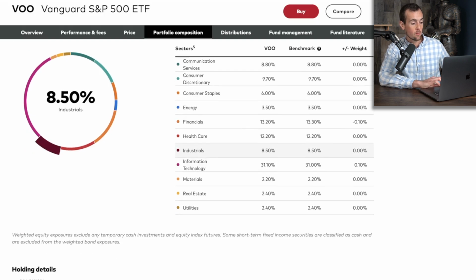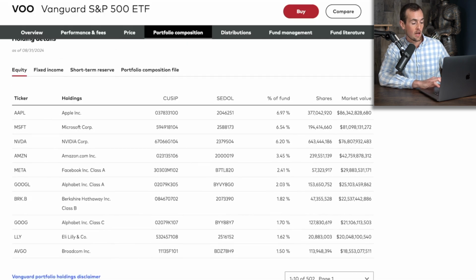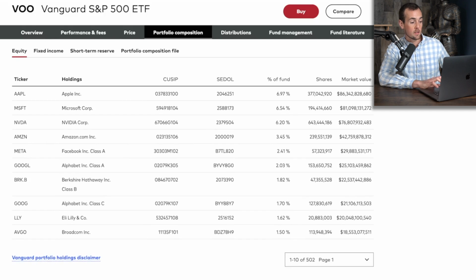And if you're curious about the largest holdings in that, down here, this is going to show you what individual stocks make up the largest portion of the fund. In this case, about 7% or 6.97% of the entire fund goes right into Apple stock. Then you have Microsoft making up 6.5%, Nvidia at 6.2%, and then you also have Amazon, Meta, the parent company of Google, Berkshire Hathaway, Eli Lilly, and Broadcom making up a large portion of the entire portfolio.